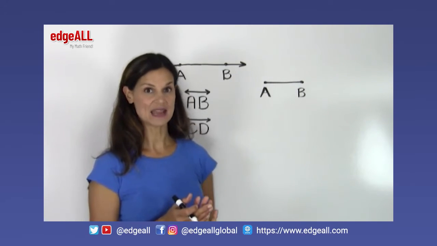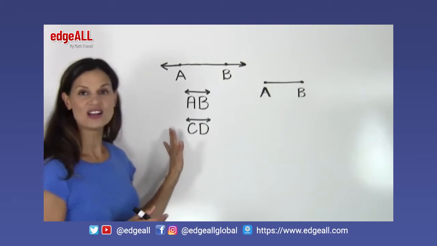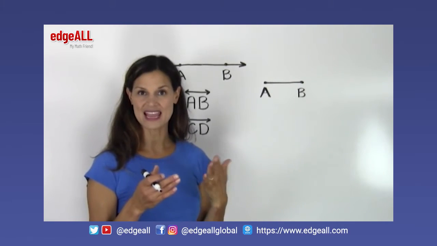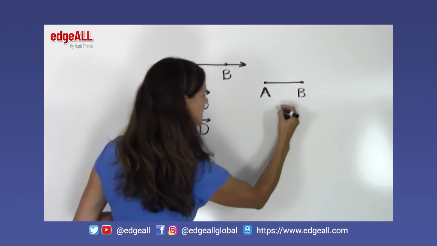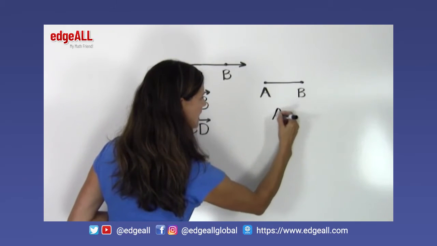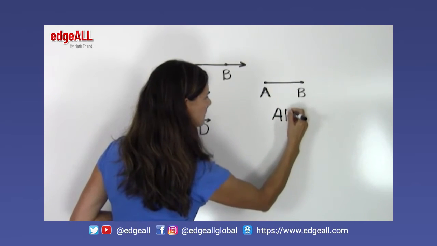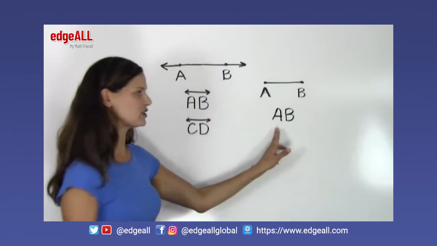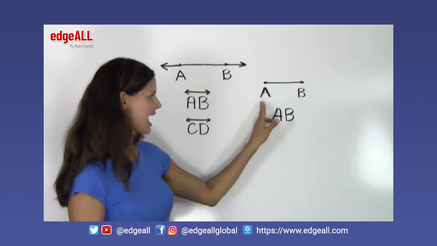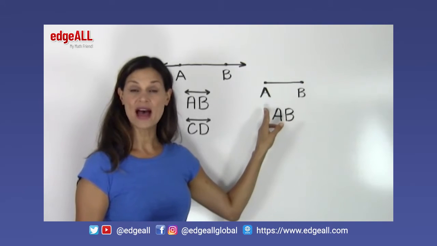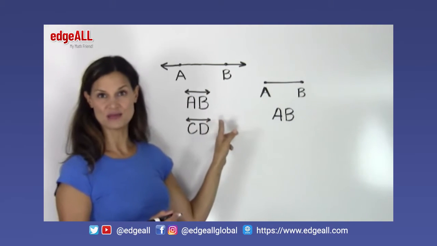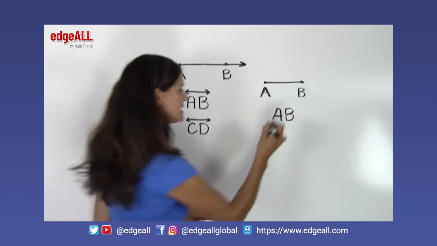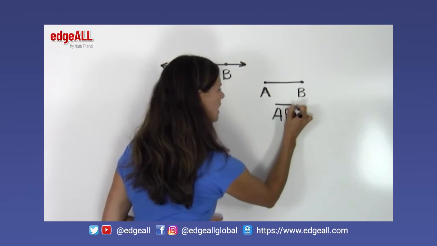A line segment, similar to the line, also has a way of writing it when we're writing it in a sentence or a problem. And we again write our A and our B. We put the two letters close together like this, A and B. And above the AB, instead of writing a bar with arrows in both directions, we simply write a bar across the top.